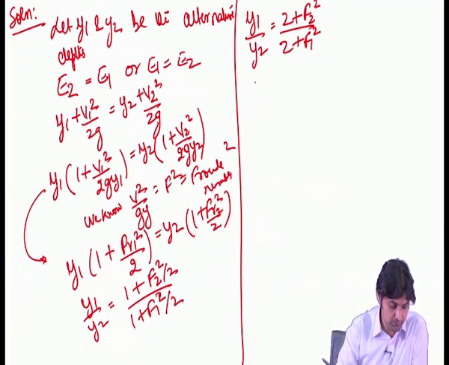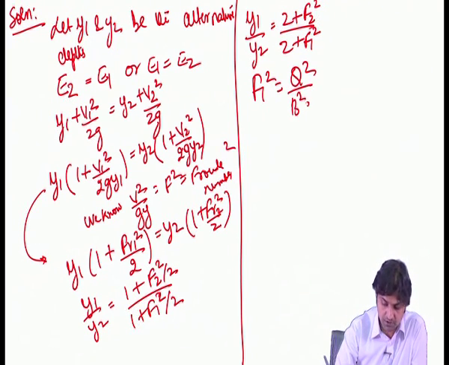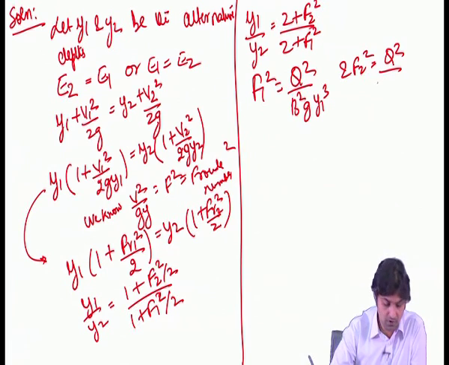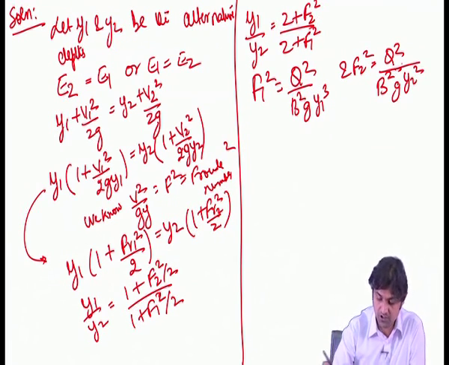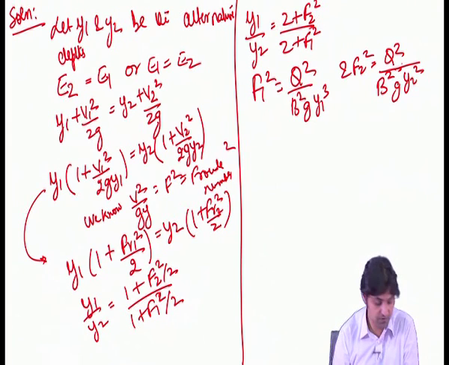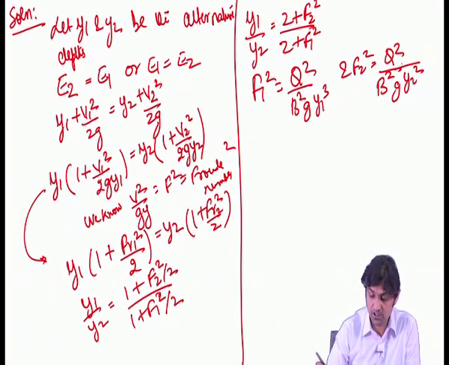F1 and F2 we already know, correct. Instead of v, we can write in terms of Q. We also know that F1 square is Q square divided by B square g y1 cube, and F2 square is the same thing, Q square divided by B square g y2 cube, where B is the channel width.